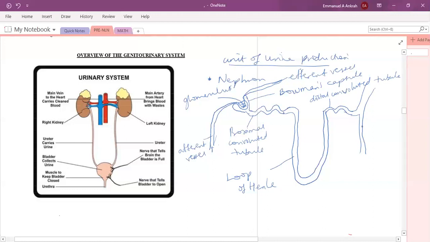And then the last part, the tube here, is called the collecting duct. So that's an overview of how the nephron looks.